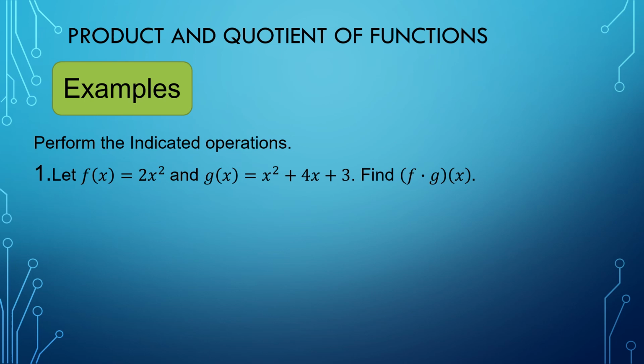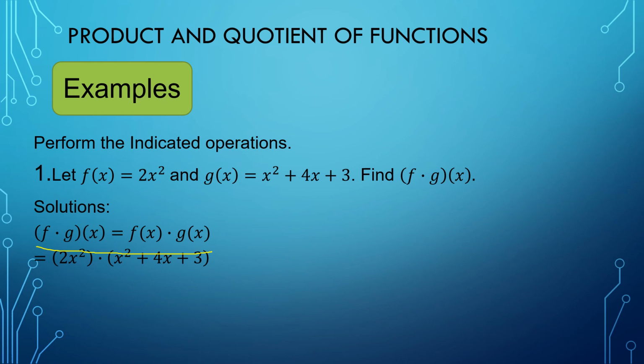So find the product of f times g. So we have the solutions. Again, from the given definition, we can write the product of f and g as this one. So we have 2x squared, which is the f of x, and the x squared plus 4x plus 3 is the g of x.